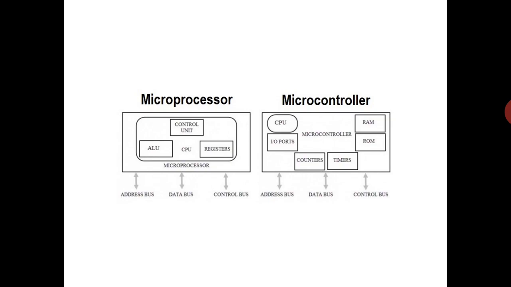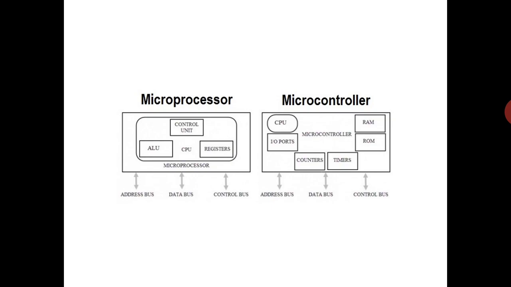CPU means central processing unit. Then there are different registers. Registers means memories or storage devices. Microprocessor has address bus, data bus and control bus. This is common. Then second is microcontroller.